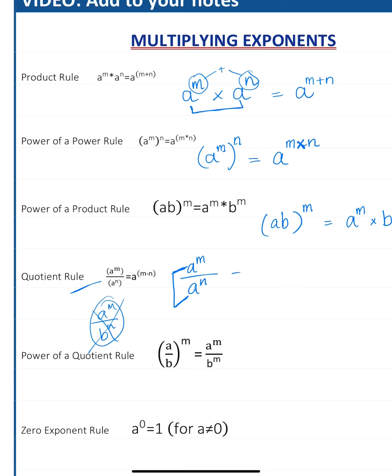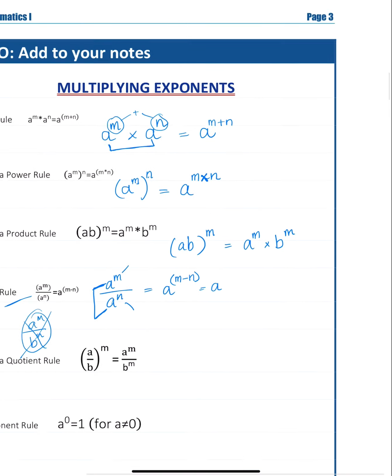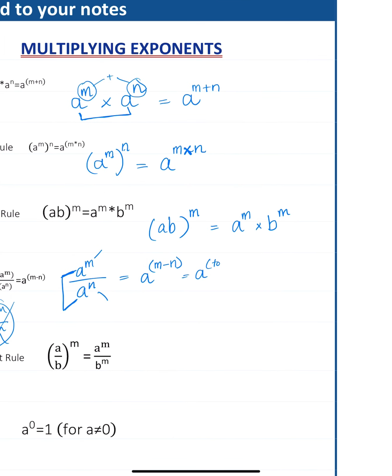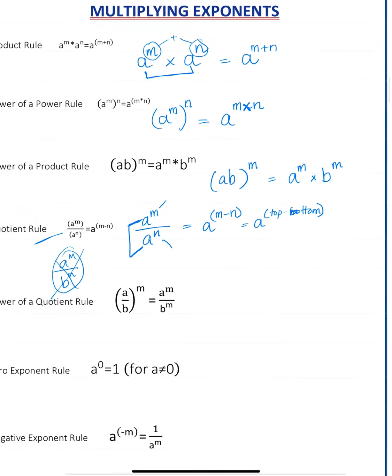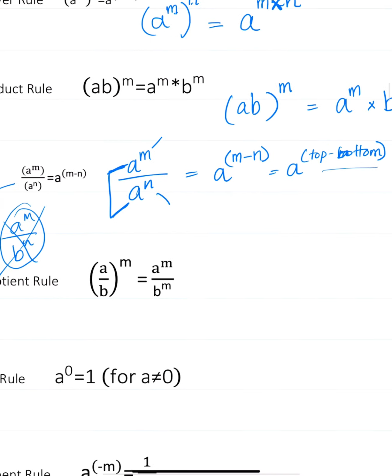So here, this is going to be a to the m minus n. So this is going to be top minus bottom. Or in correct terms, you can say numerator minus denominator instead.